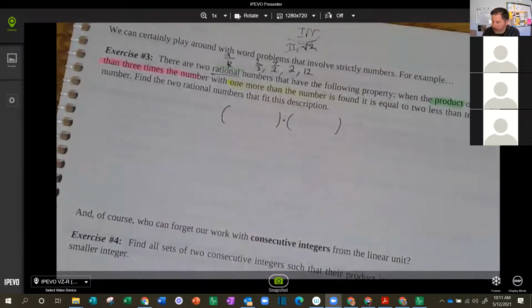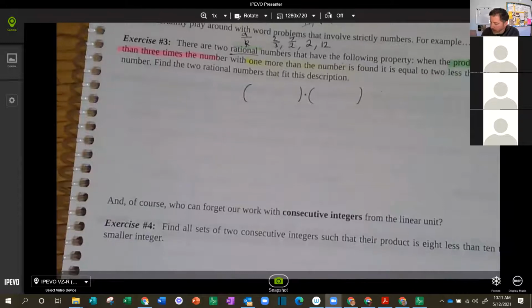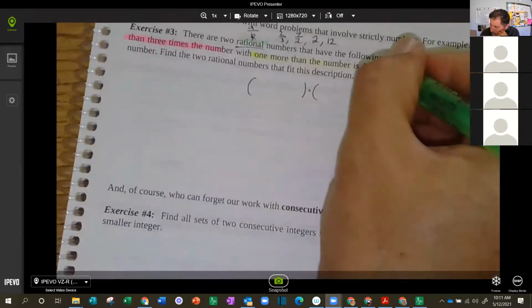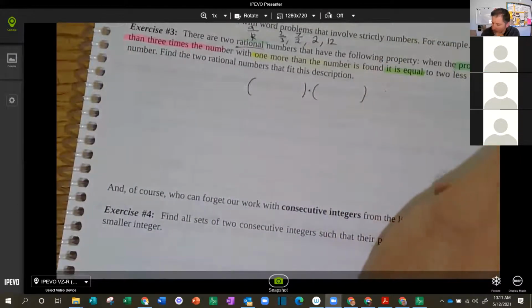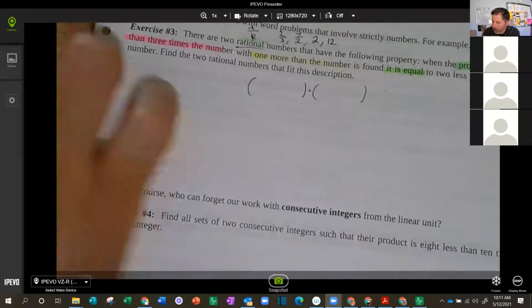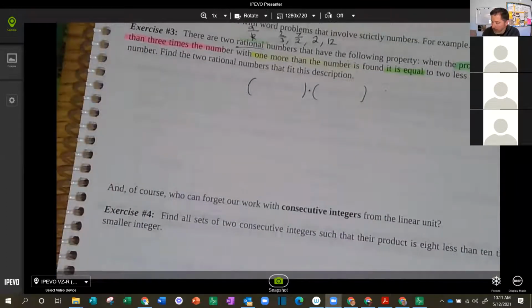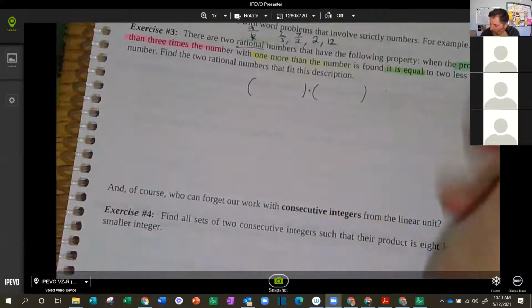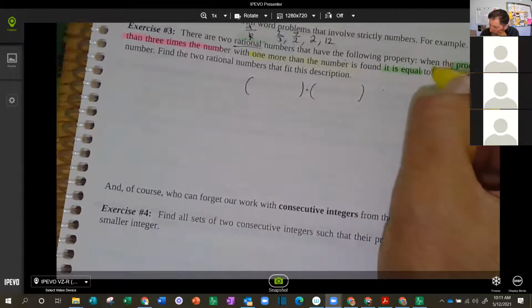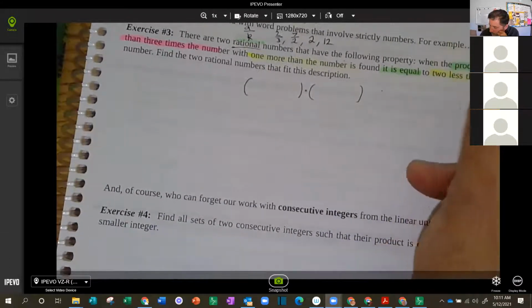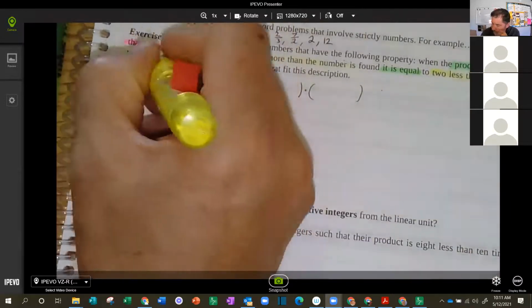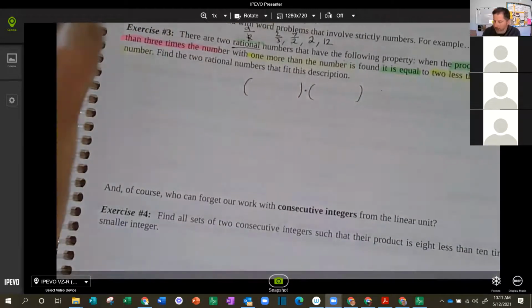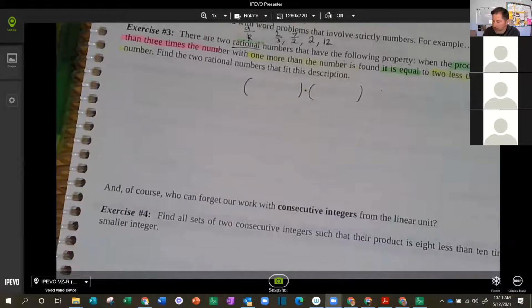And then if you're super big brain, we need to figure out it is equal to 2, and this is the second part. It's equal to 2 less than 10 times the number. All right, so we have a little bit of work to do, and it's just unpacking it mentally.